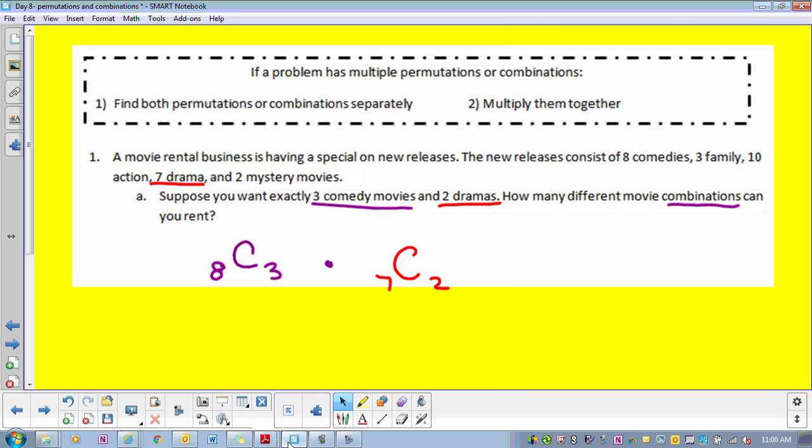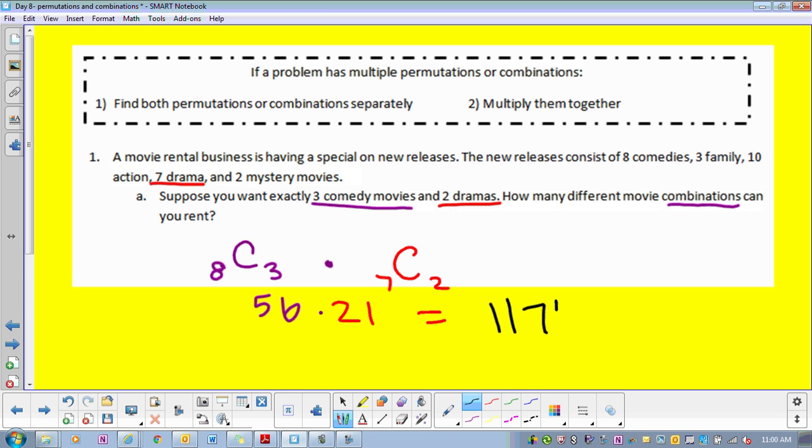Good. 56 times, what does 7 choose 2? 21. So what is 56 times 21? So the different movie combinations that you can rent are 1,176.